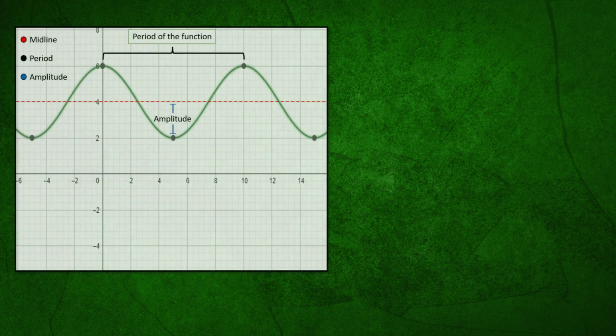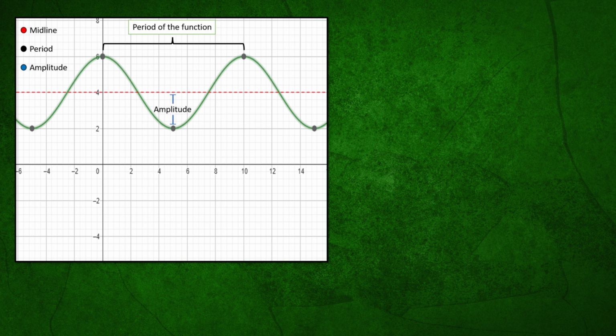Let us consider the following graph, the graph of a sinusoidal function, and let us deduce its equation. We will deduce its equation by deducing the parameters a, b, c, and d for either the sine function or for the cosine function.